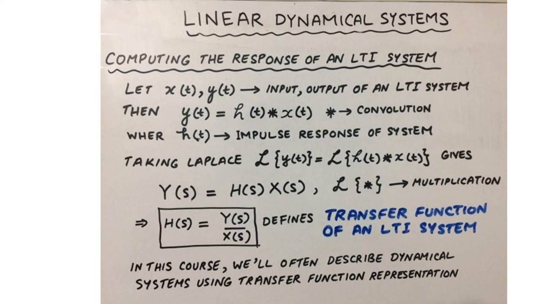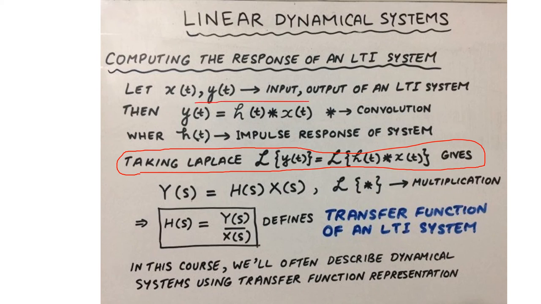Now, there is an alternative description that is obtained when we take the Laplace of the convolution. So if we take Laplace of both sides of this equation, y of t is h of t convolved with x of t, then we know that the convolution turns into multiplication in the Laplace domain.